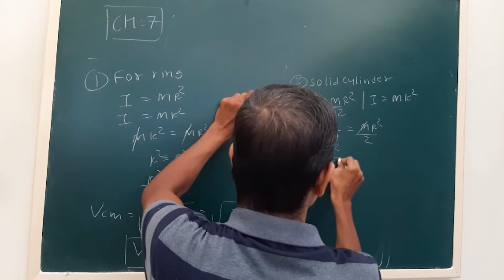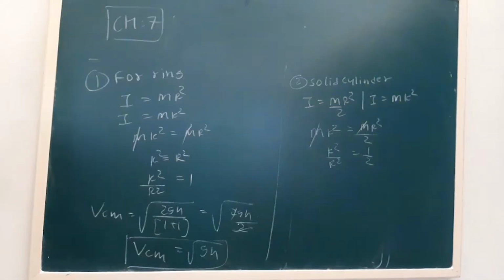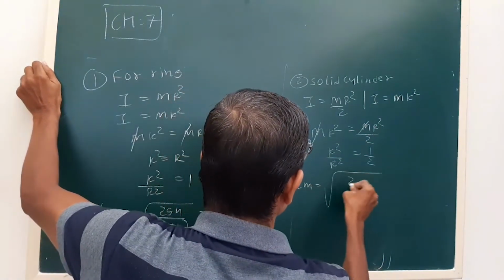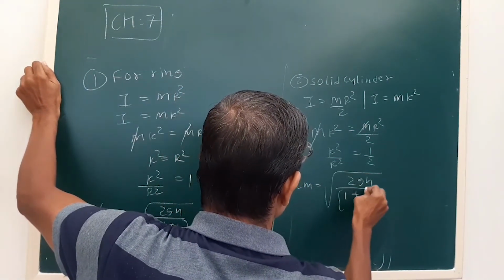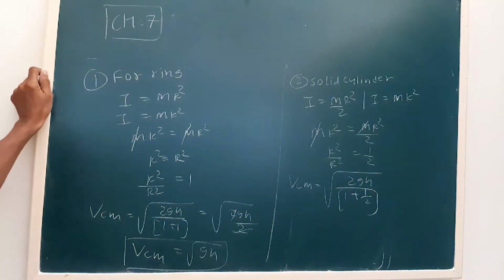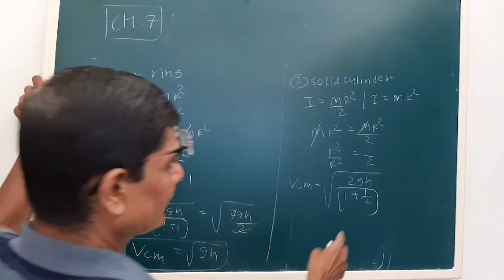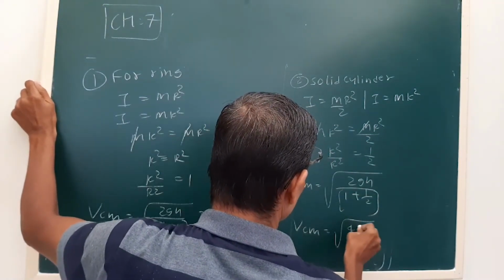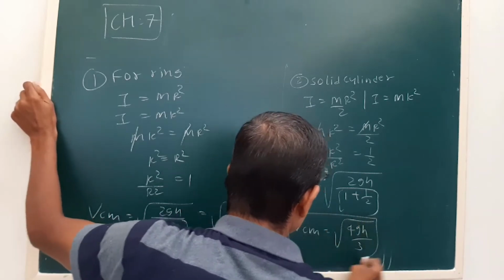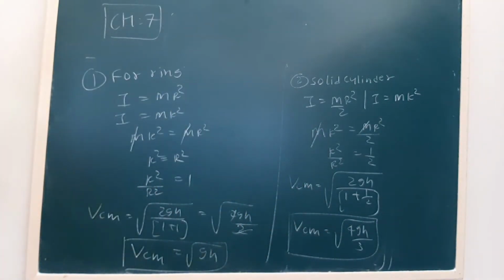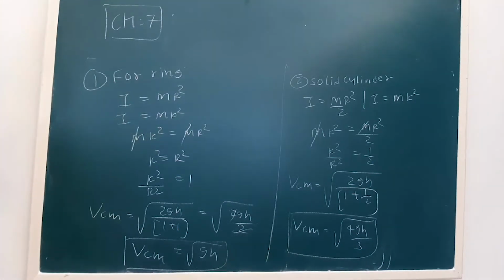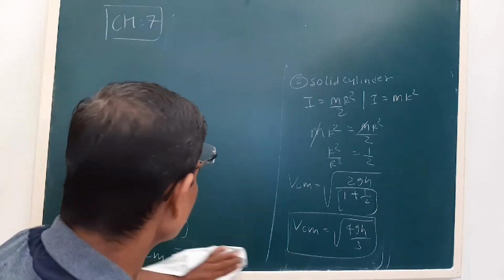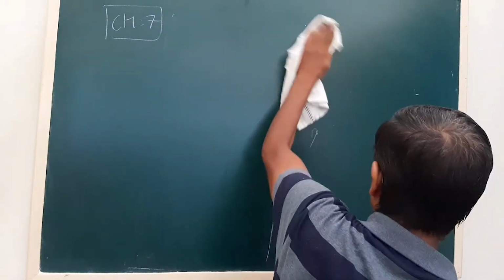So k square by r square is 1 by 2. Now if I substitute in this equation, VCM, we have substituted the value directly. 1 plus 1 by 2 is 3 by 2, which moves to the numerator. So for a solid cylinder, we obtain the value of VCM as under root 4gh by 3.